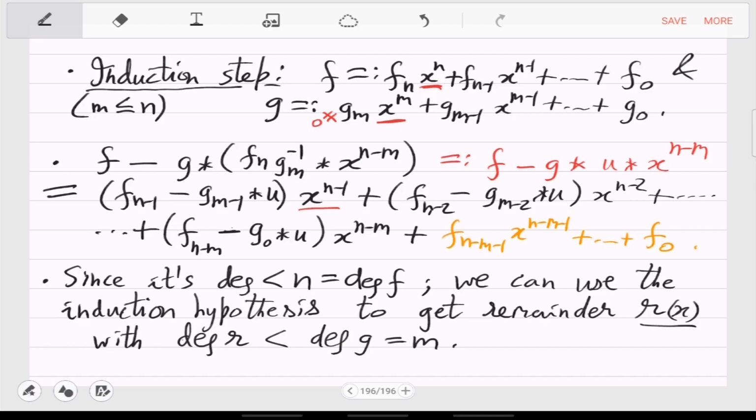And what is the quotient? How does the quotient evolve? So the way it is evolving is this u that you got, this gets added in every step. So you will get a quotient whose degree is what? It's n minus m, because the maximum one I have shown you, the other ones are less than n minus m.